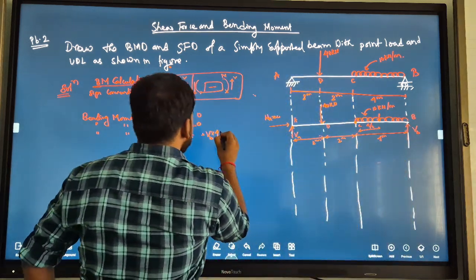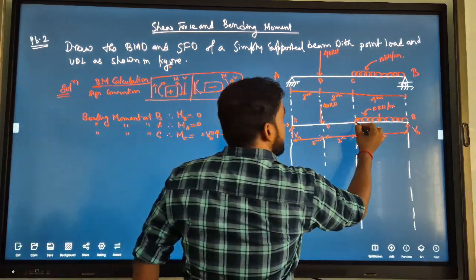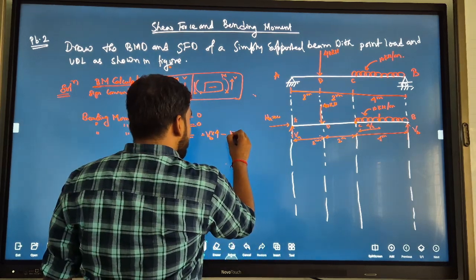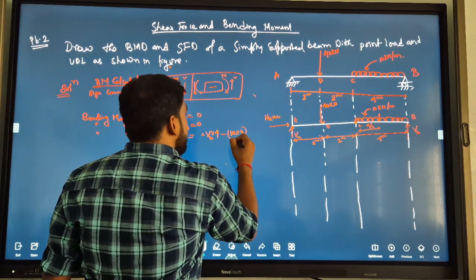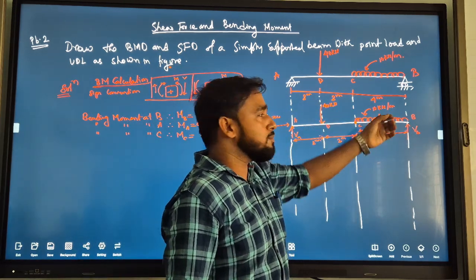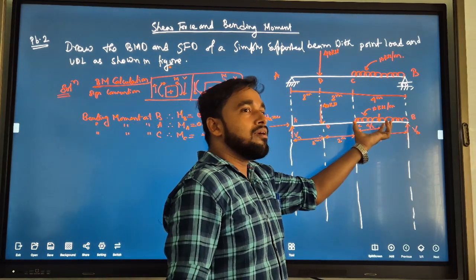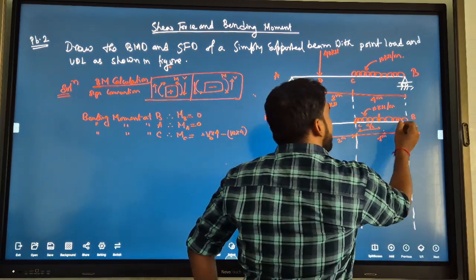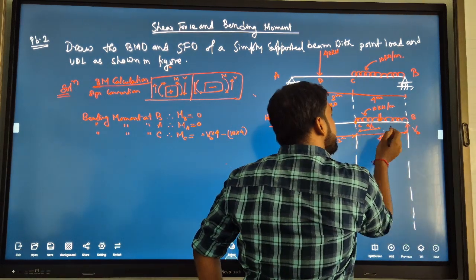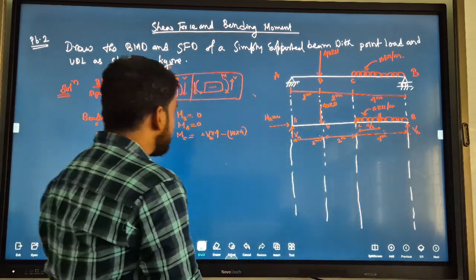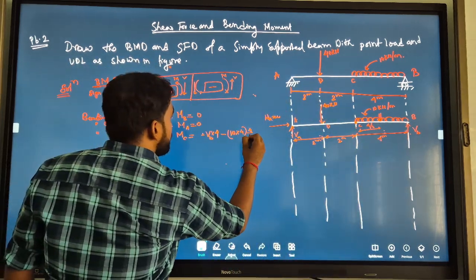How much force first? Minus 10 into 4. That is UDL load, and it acts at its CG. That means how much distance from C? 4 by 2, isn't it? Total length 4, so middle means 4 by 2. This into 4 by 2.